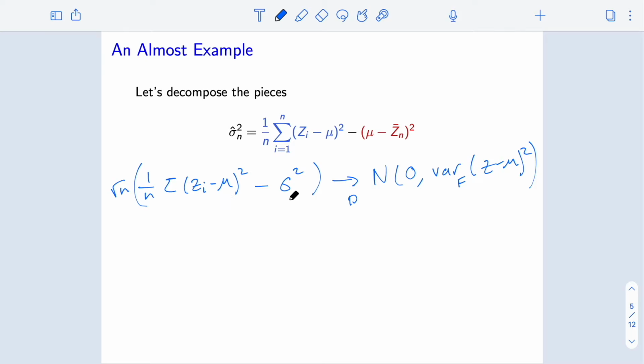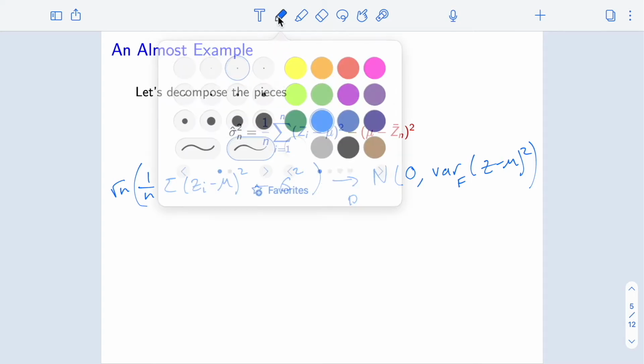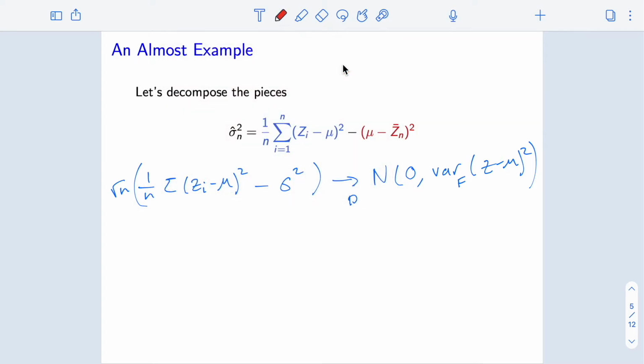Now if we want to think about this second piece, this red term, well, we know that if we don't square things, z bar n minus mu is big OP of 1 over square root of n. It converges to 0 at roughly a rate of 1 over square root of n, and we could also employ the central limit theorem here.